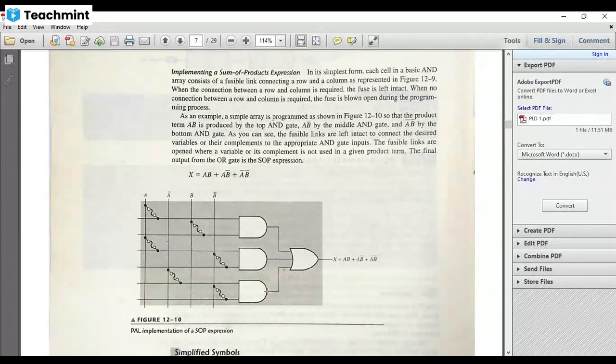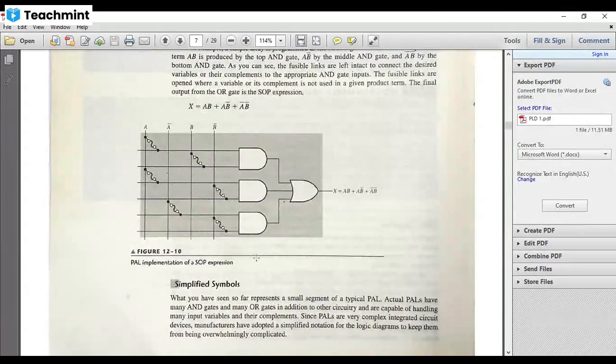In this way, we get A bar and B bar. So ultimately, at the output of the OR gate, we get the sum of product equation x equals AB plus AB bar plus A bar B bar.